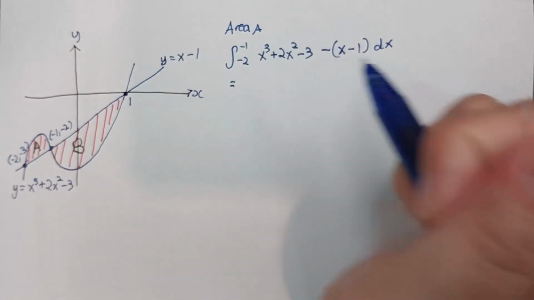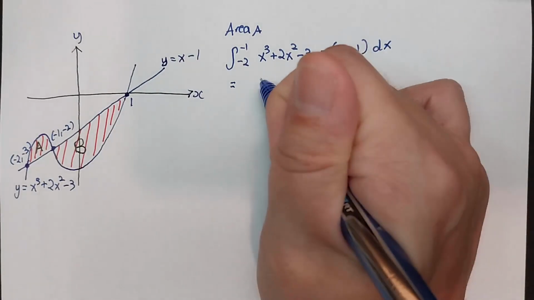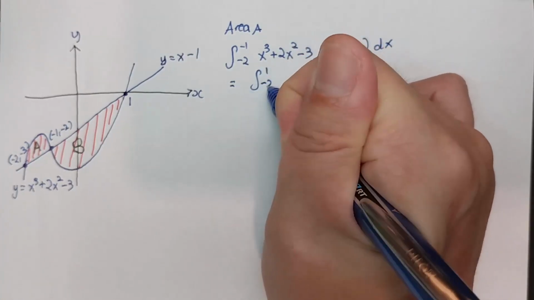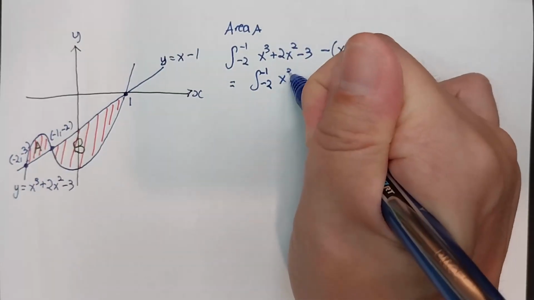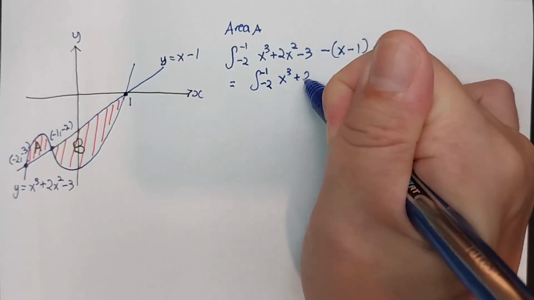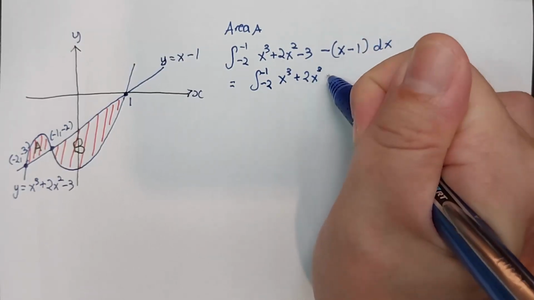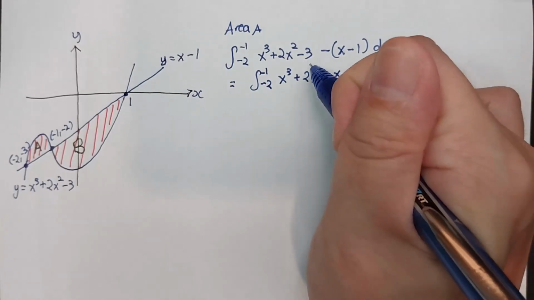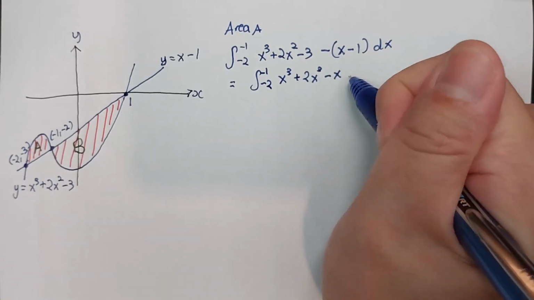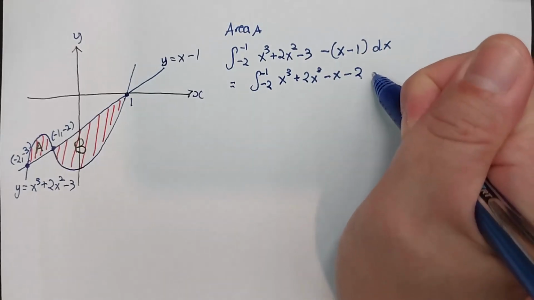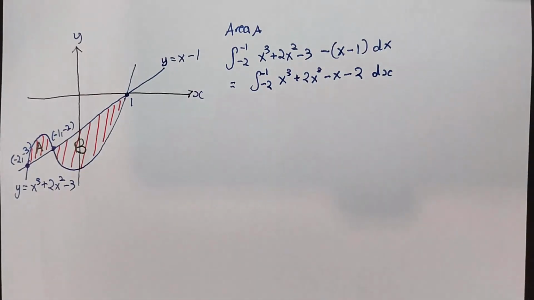So simplifying it, we will have x³ + 2x² − x, and then −3 + 1, which is −2, dx.